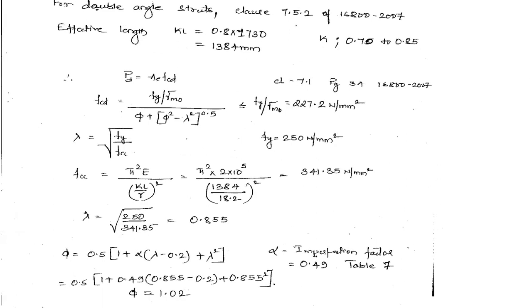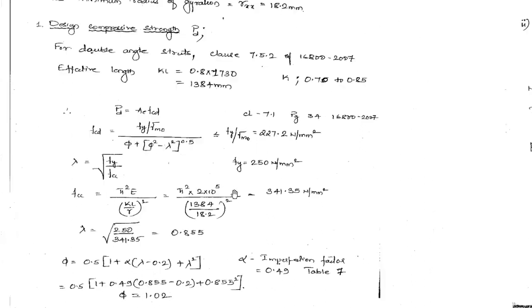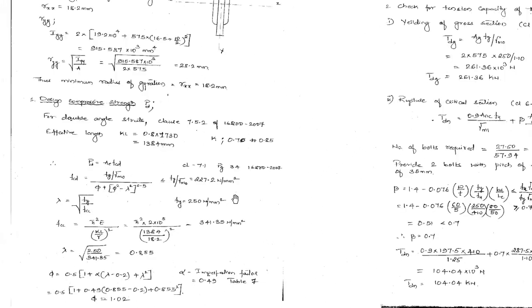If you are doing it by using the equation, that should be done. Or else you can go for Table 8C and 9C. From there also you can obtain the value of the stress reduction factor chi, or directly the FCD value itself. That can be done.